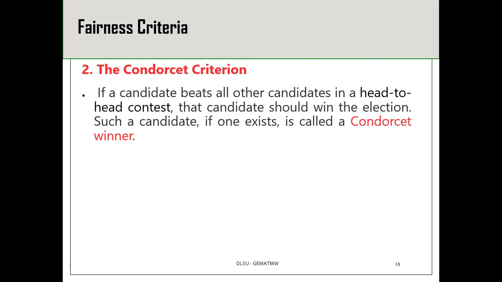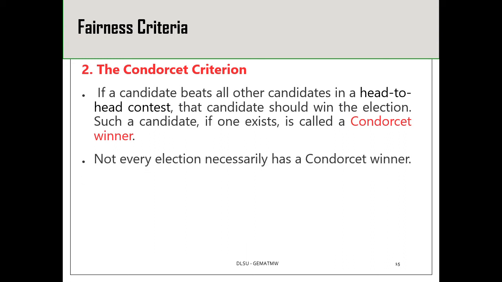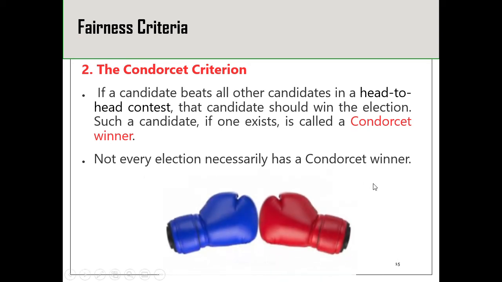So again, our voting method is plurality and our fairness criterion is Condorcet. So according to this, if there is a candidate that wins all the head-to-head battles, then that candidate should win. However, not every election has a Condorcet winner. Now let's see if plurality method satisfies the Condorcet criteria.